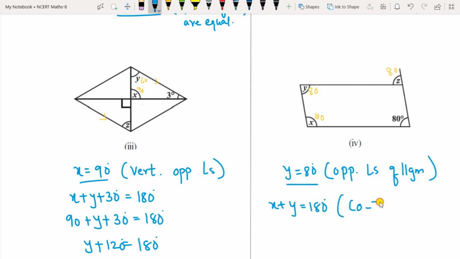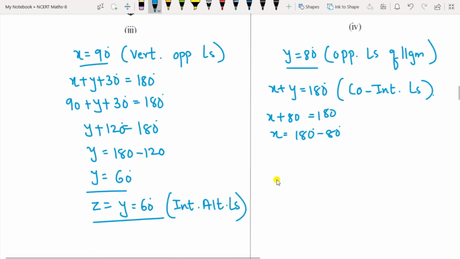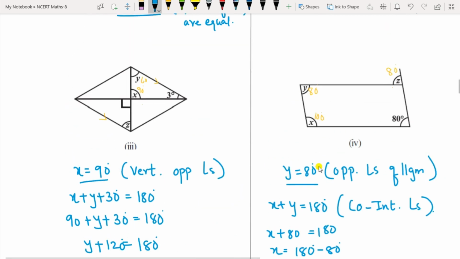The reason is co-interior angles. So x plus 80 equal to 180. So x equal to 180 minus 80. So x equal to 100. So you got the value of x.